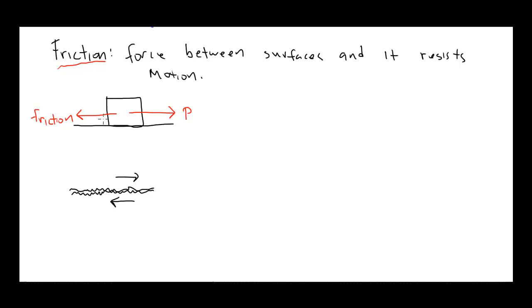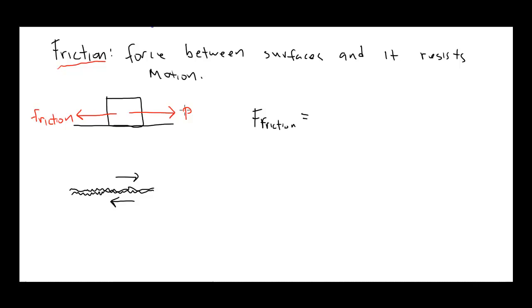In the previous problem we didn't have friction, but now we're going to imagine that there is some frictional force here. How would we figure out what the friction is? How do we calculate the frictional force? Can we come up with an equation to calculate the force of friction? It turns out you can. If these surfaces are sliding past one another, you can calculate it, and it's not that hard.